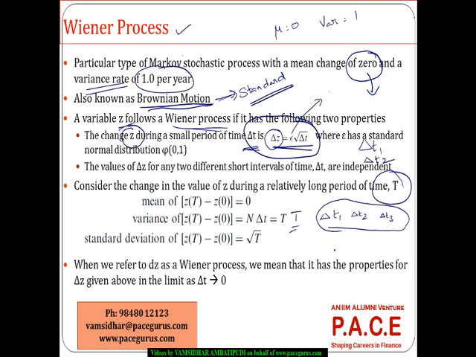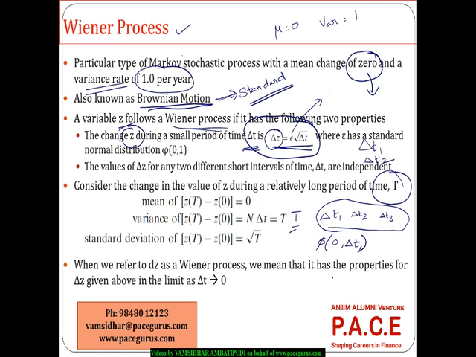Each of them follows a normal distribution, with mean 0 and variance delta t, or delta t1, delta t2, delta t3.